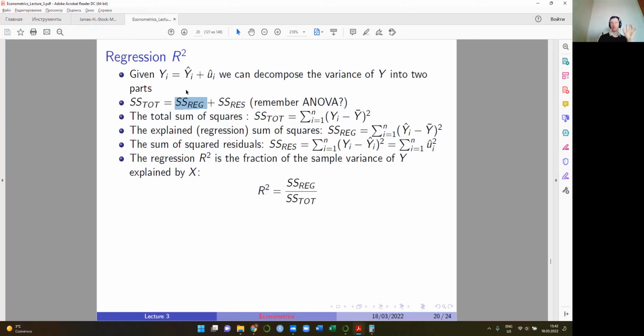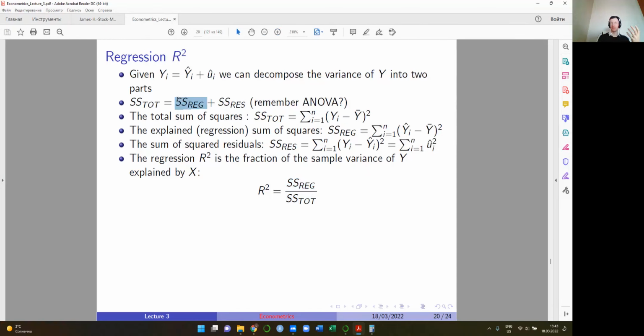I just want to show you that there is some similarity with ANOVA, because this is the same approach. We want to decompose the variation into two parts. But now this approach moves us in the other direction. With the help of this approach, we calculate how much of the variation in y is explained with the help of our regression model.